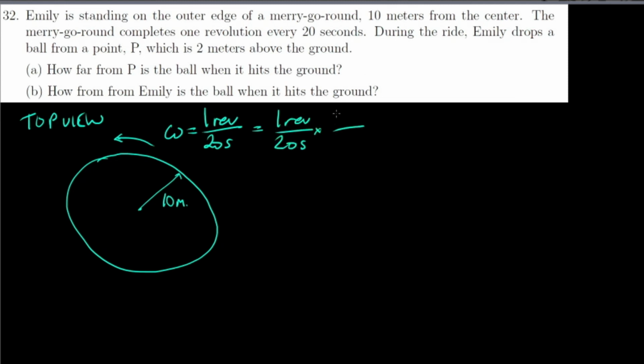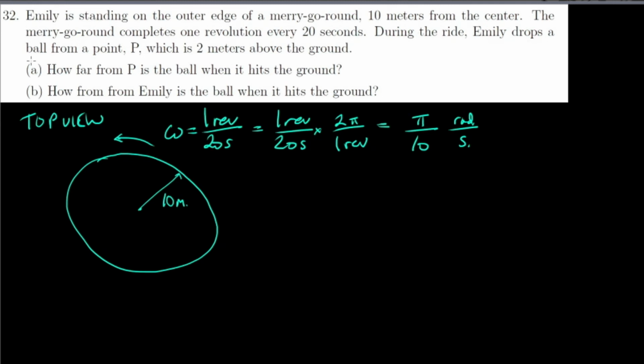A revolution is 2 pi radians, so this is really going to be pi over 10 radians per second. It's a little bit of a unit issue there. You can't leave it as revolutions. A revolution is one complete cycle, 2 pi radians, or 360 degrees, but here it makes more sense to use radians.